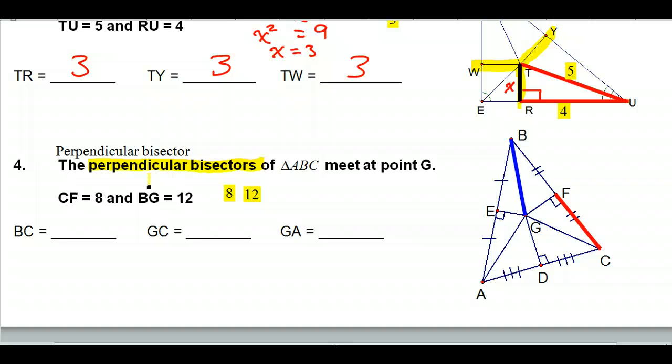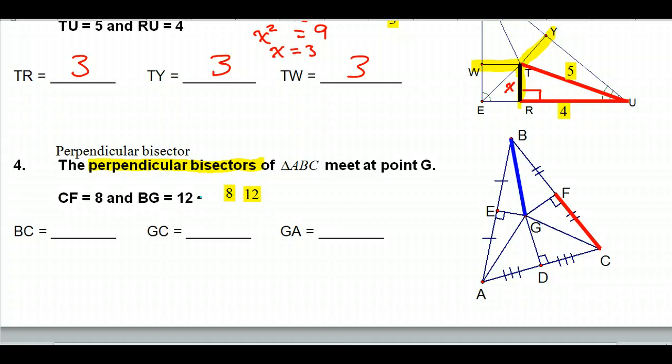Which one of the 4 triangle centers is the intersection of perpendicular bisectors? So for perpendicular bisectors, which triangle center am I talking about? All right, we got up to like 4 of you. That's an improvement. Circumcenter.